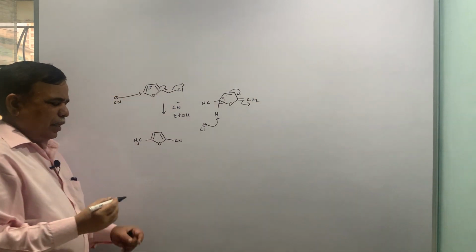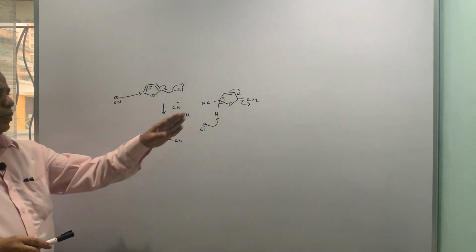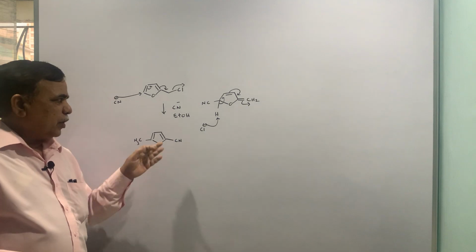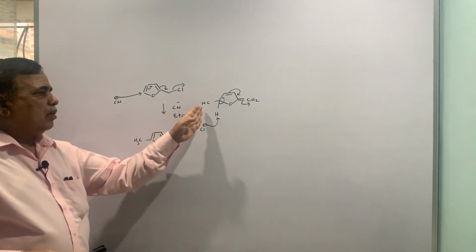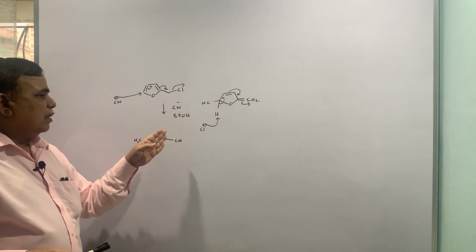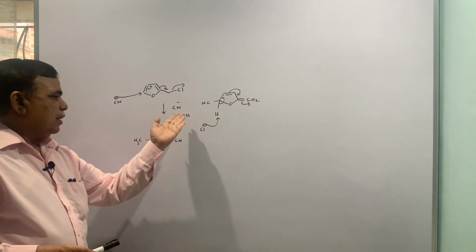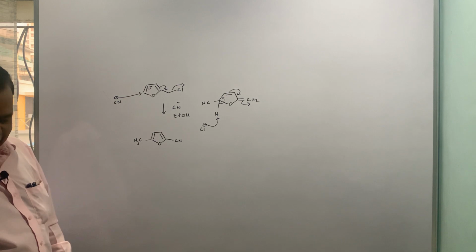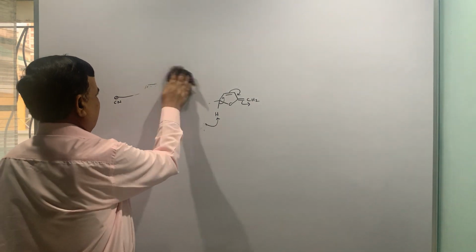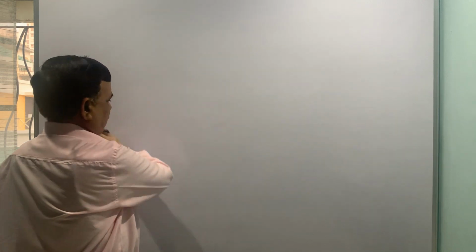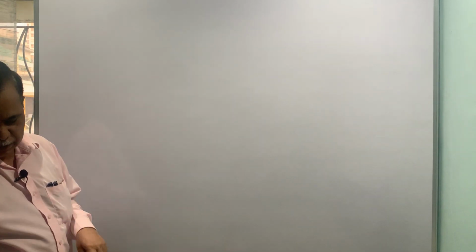The proton is being transferred, or this CH2 minus will eventually take up a proton from the ethanol, and that is how you get this compound. So whether the CN is here or here, methyl is here or here, the relative positions are the same. So this is how the product is formed. This is a small rearrangement which is happening over there.